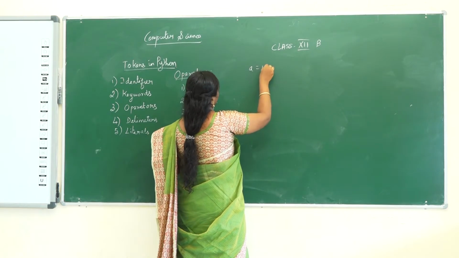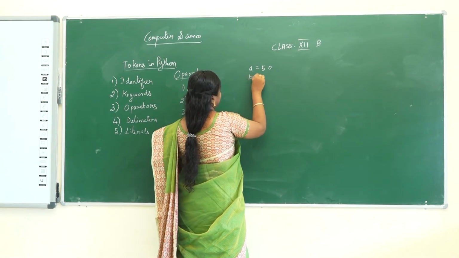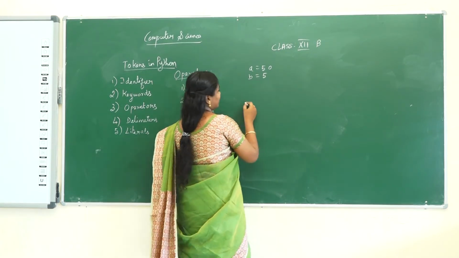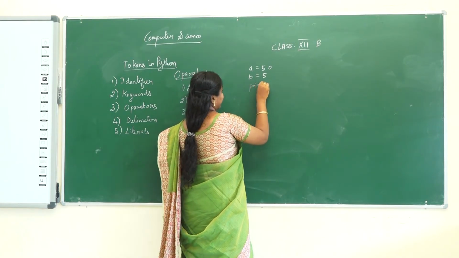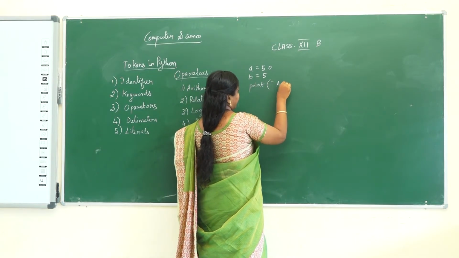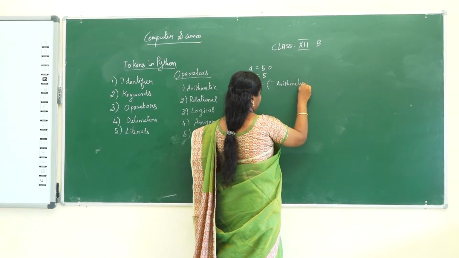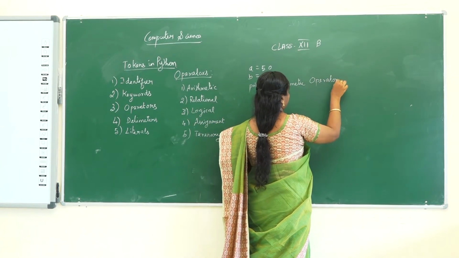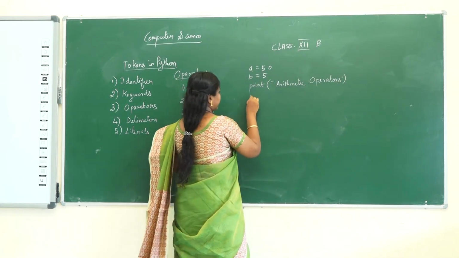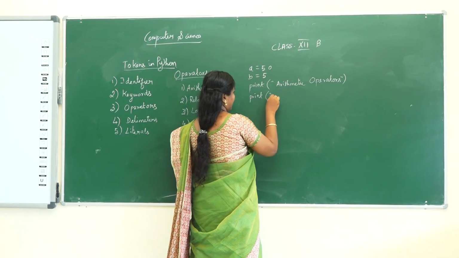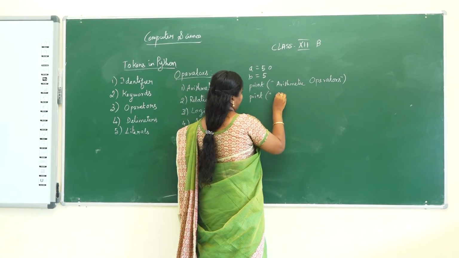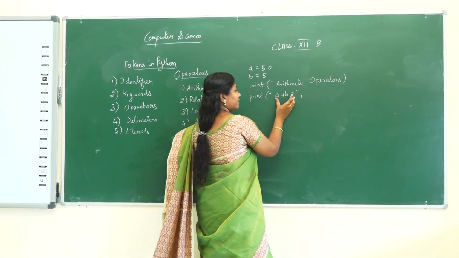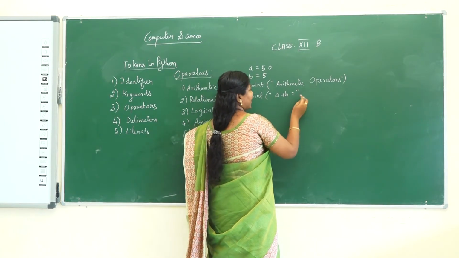A is equal to 50, B is equal to 5. Next I am going to do the arithmetic calculation. So print arithmetic operators, and next print A plus B is equal to, comma, A plus B. The text must be printed as such, and for separating the value I am using a comma.